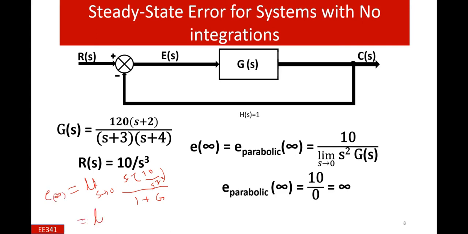The limit as s approaches 0 of 10 over s square plus s square g of s. Once again, if we apply the limit s approaches 0, this term goes to 0 and this term also goes to 0, and something over 0 goes to infinite. So this is the infinite value.